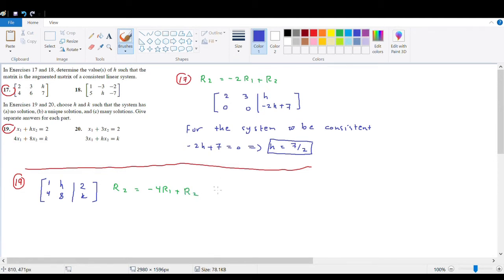our new matrix, which is 1, h, 2, and for the second row we have 0, minus 4h plus 8, and this one we have minus 8 plus k.